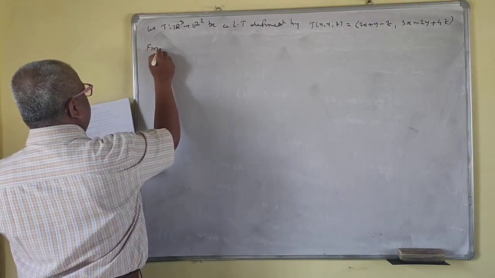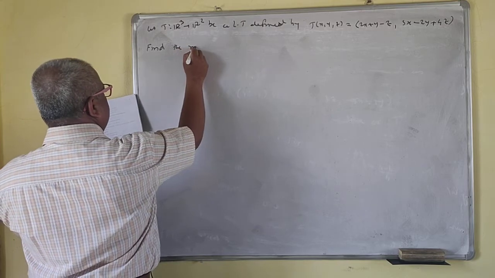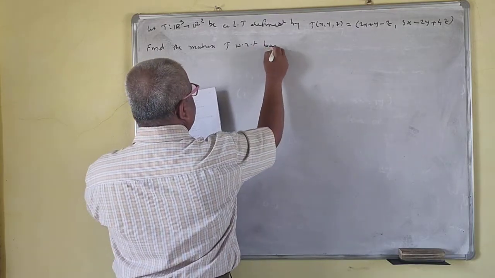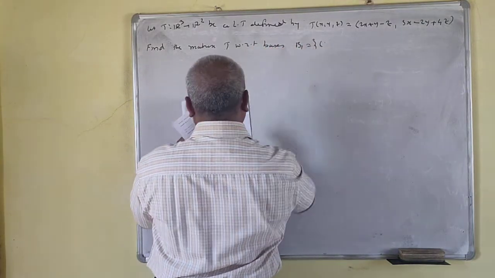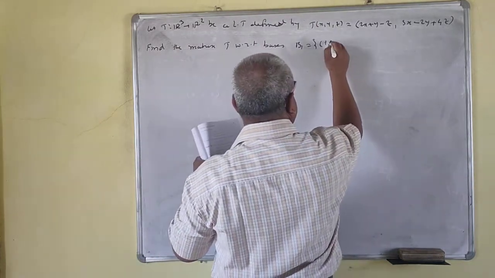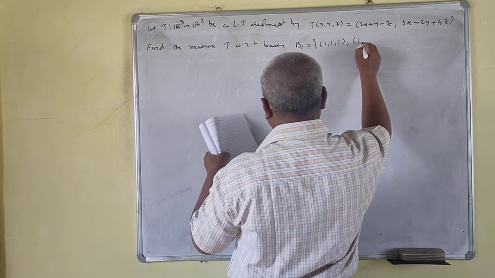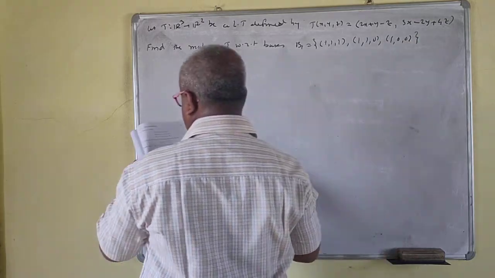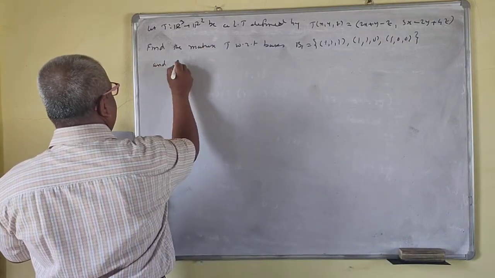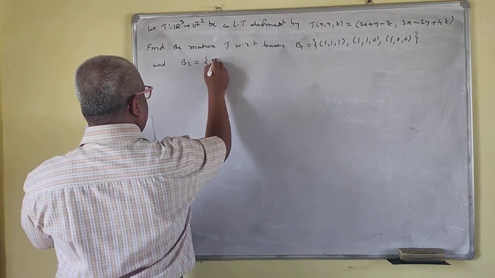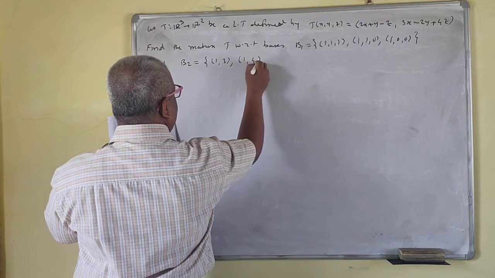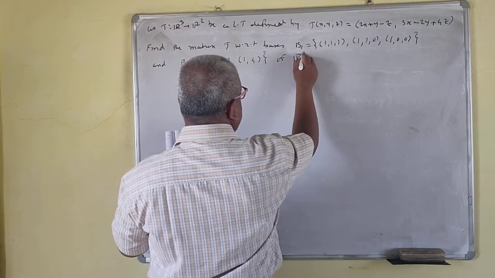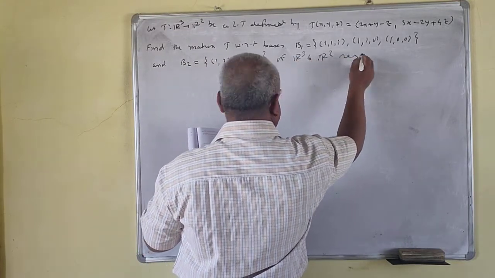Find the matrix of T with respect to bases B1 equal to (1,1,1), (1,1,0), (1,0,0), and B2 equal to (1,3), (1,4), of R3 and R2 respectively.